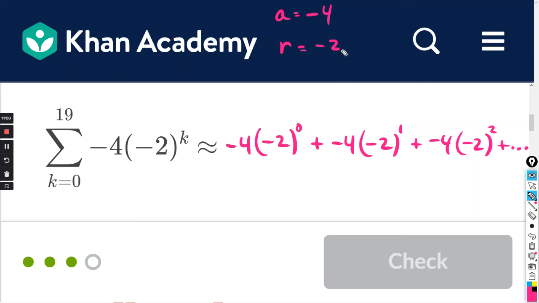If you want to double check, like I said, you take any term and divide it by the previous term. So right here, this would be negative 4 times negative 2, which is 8. And this was negative 4 times 1, which is negative 4. And if you do 8 divided by negative 4, you would get negative 2. So that's going to be the value for r.